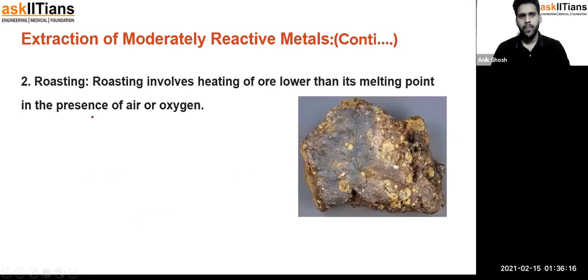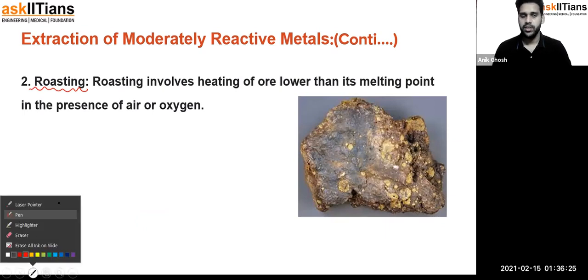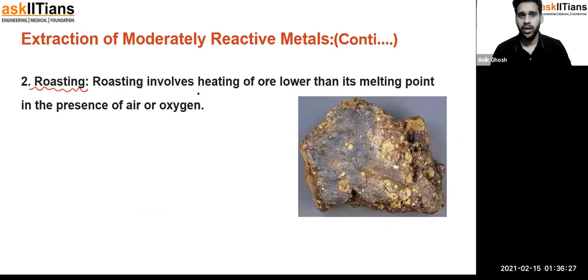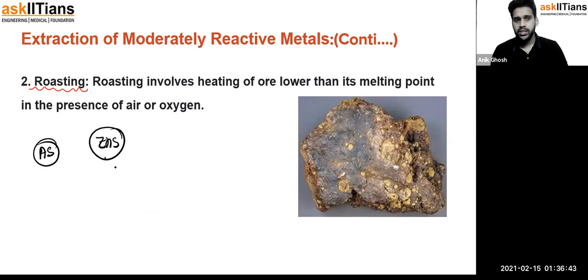Now what is called roasting? Roasting is exactly what you are thinking. Just like roasted foods, this is roasted metals. When you have heating of something that is there as sulfides, like zinc sulfide, roasting is burning in the presence of oxygen.